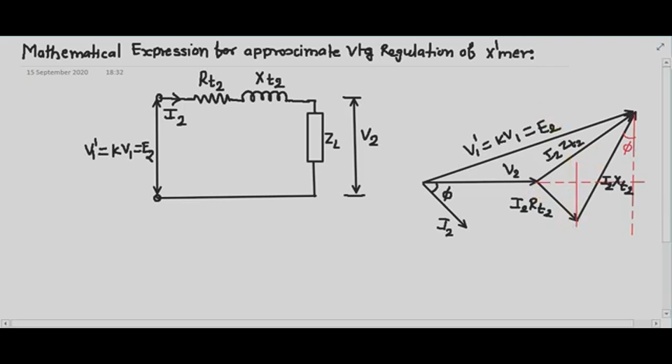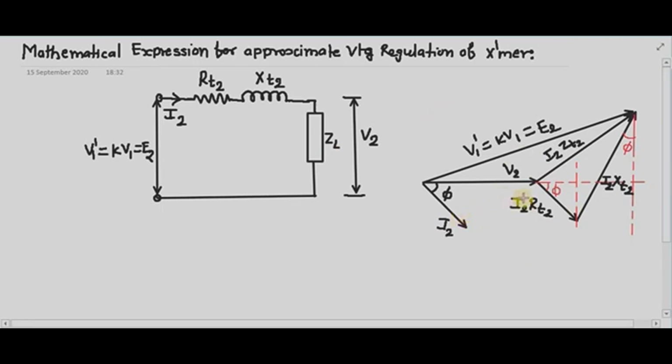Why are we putting these perpendiculars and all that? Because we have to derive the approximate voltage regulation formula from the phasor diagram. So now again see, what is this angle? This voltage vector is extended. So the angle between this voltage vector and the vector which is parallel to your I2 is again phi.